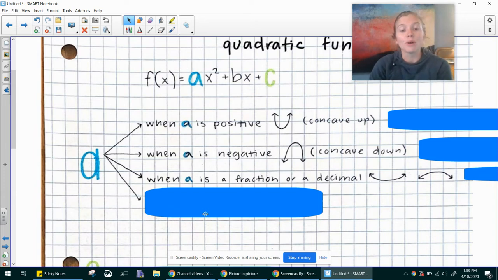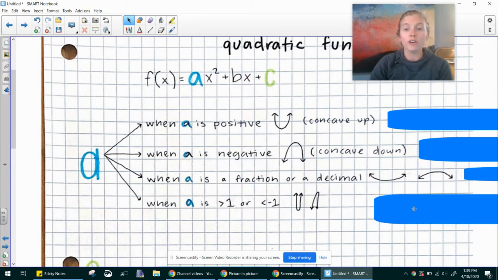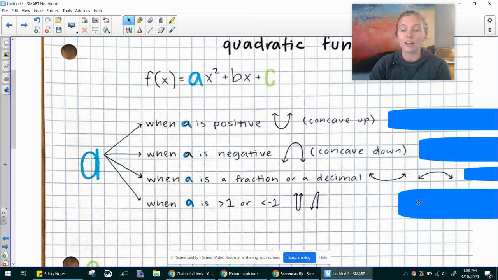When a is greater than 1 or less than -1, so it's not a fraction or a decimal, our graph will get progressively narrower. So the bigger our a value is, the narrower our graph will be. So that might be like this if we have a positive graph, and that might be like this if we have a negative graph.